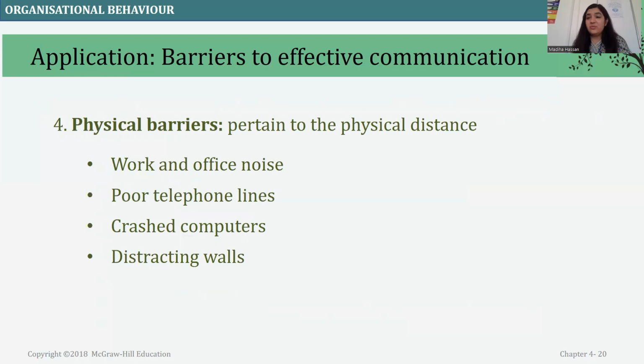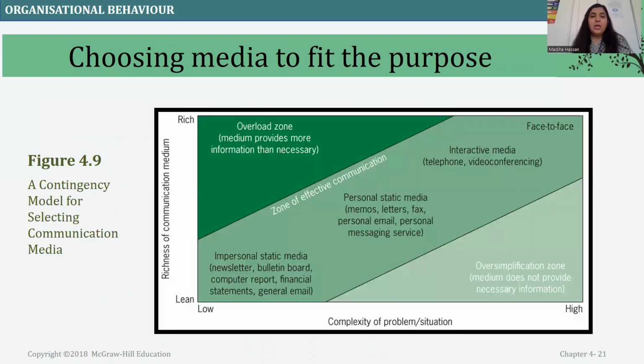Physical barriers: work and office noise, poor telephone lines, poor connection, poor internet, crashed computers, distracting walls. Then choosing media to fit the purpose. We need to be very, very careful. This is the contingency model for selecting communication media, so which kind of media you are using.